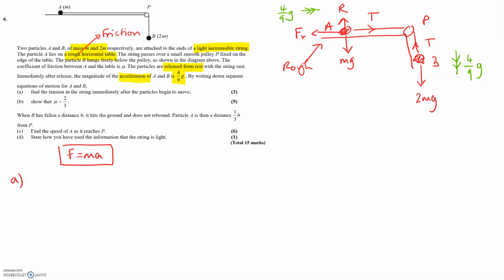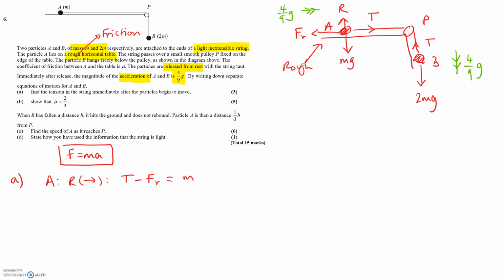So I can take particles A and B separately, and let's just start with A. For A, I'm going to resolve in the direction we're going to accelerate, which is to the right, and the force is going to give me T minus the friction is equal to mass.